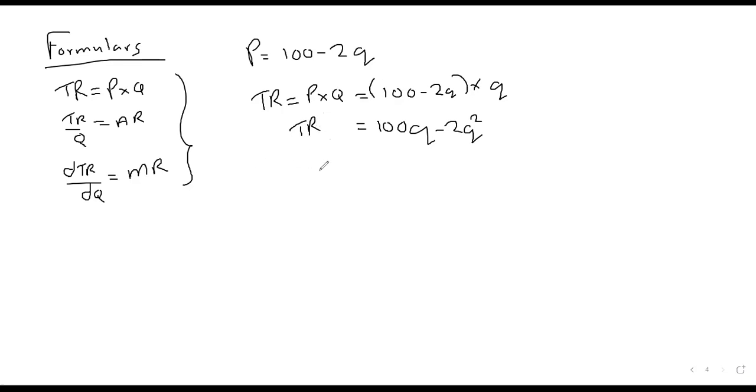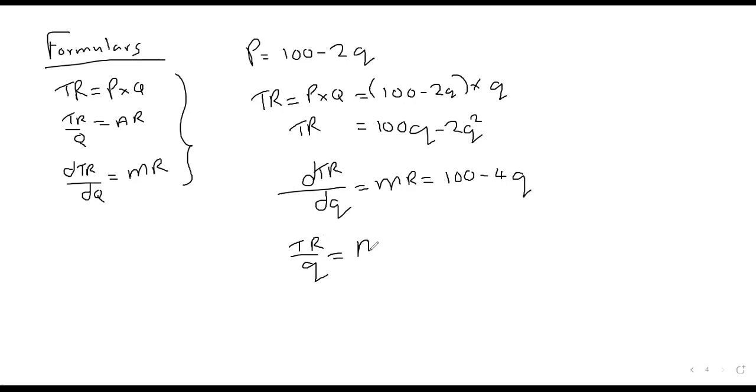Then to find the marginal revenue, we differentiate the TR over the Q. It is called our marginal revenue. So when you differentiate 100Q, what does it become? 100Q becomes 100. 2Q squared, when differentiated, what does it become? Becomes 4Q. And when you divide the total revenue over the quantity, the name becomes average revenue.